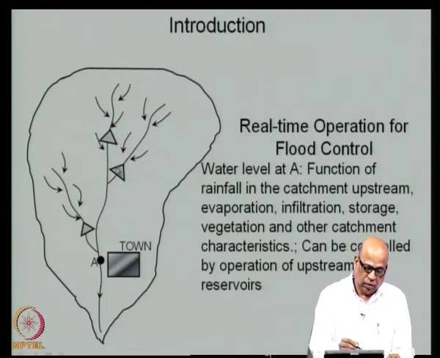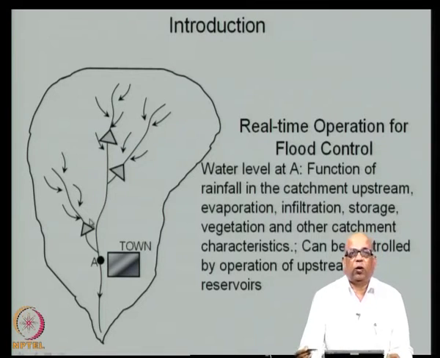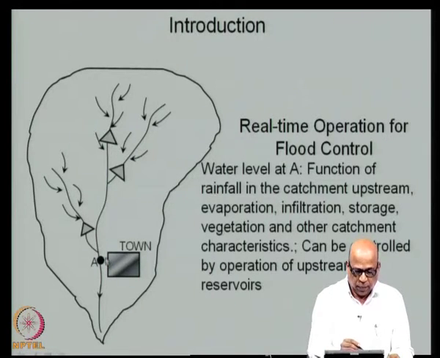This is a typical problem that we deal with in flood control. So, we do real time reservoir operation such that we look at the likely flows that are coming in the next few hours, next few days and so on, and then hold back the water to the extent possible, so that the water reaching this town will be much smaller than if these reservoirs were not there. As you can see, the water level at A is a function of rainfall in the catchment upstream.